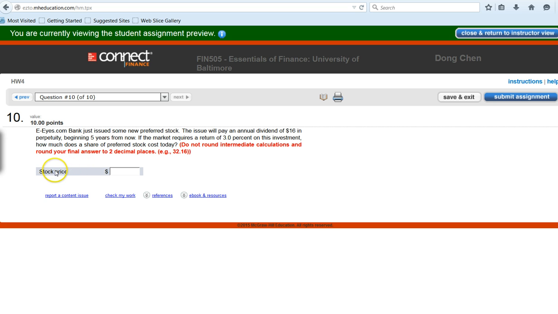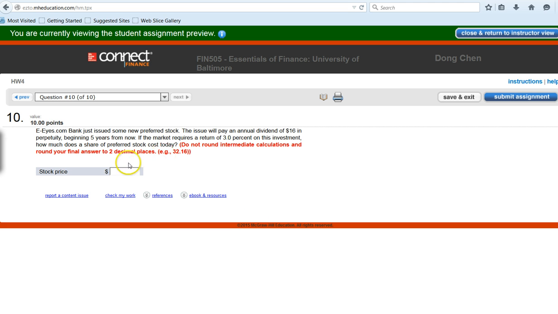So based on the instruction here, how much does a share of preferred stock cost today? That should be asking for the value of the preferred stock, or putting one more precise term, it's asking for the intrinsic value of the preferred stock. Because basically intrinsic value is the fair value or the economic value or the most you would be willing to pay for the preferred stock. So that's how we understand what the question is asking us.